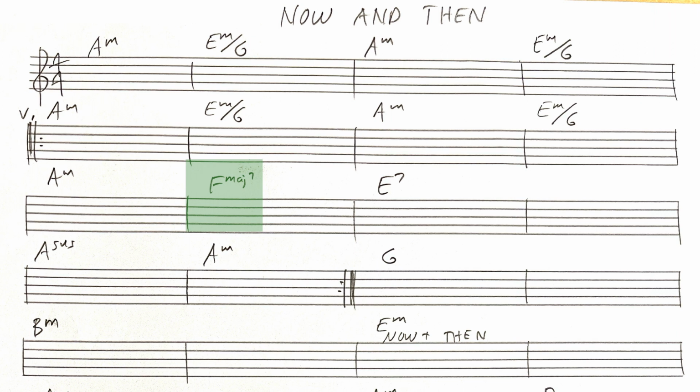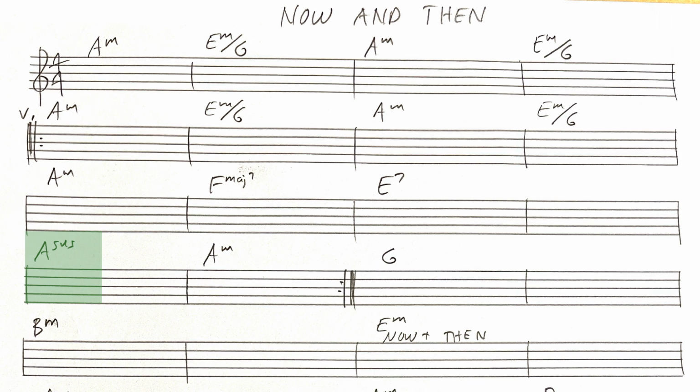Now it goes to F major 7, so we are still firmly in the Aeolian mode, but then the next chord is E7, so that suddenly puts us in straight A minor. And then we have an A sus. This is actually a suspension with a sus 2 and 4.